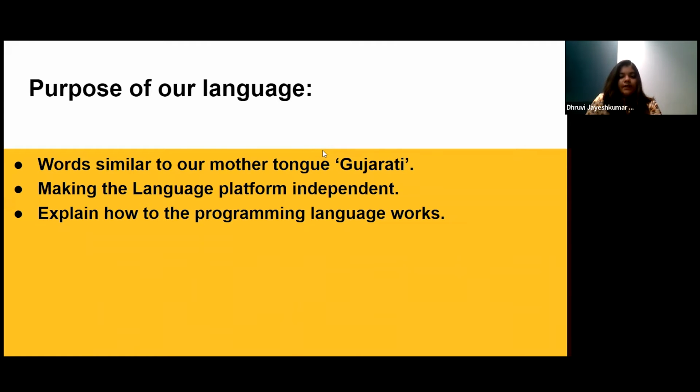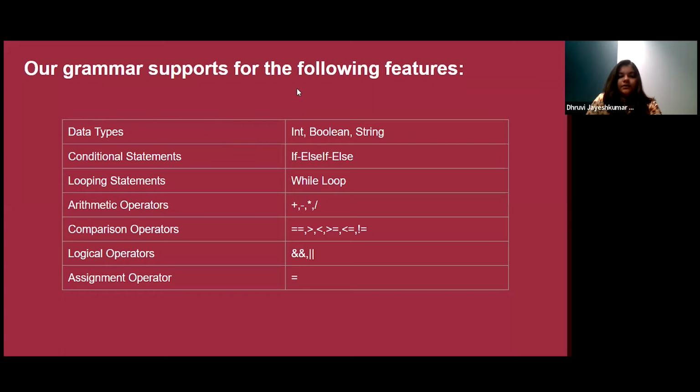And we have this kind of grammar, and there are three data types that we are implementing in it. First is integer, then Boolean and string. Then there are condition statements, that is if and else if, and there is a loop, that is the while loop.